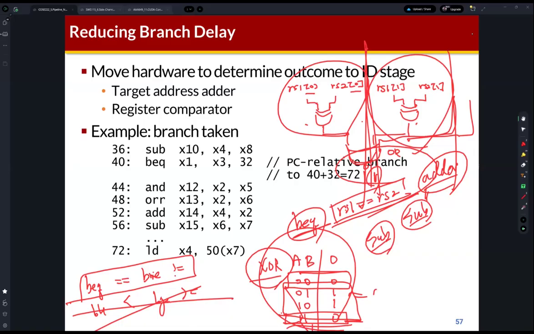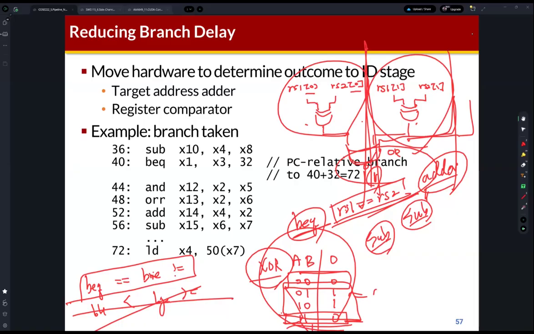Actually, the data hazard is the same. Data hazards are also caused by the time gap between the different stages for producing the result and then using the produced result. So it's the same.